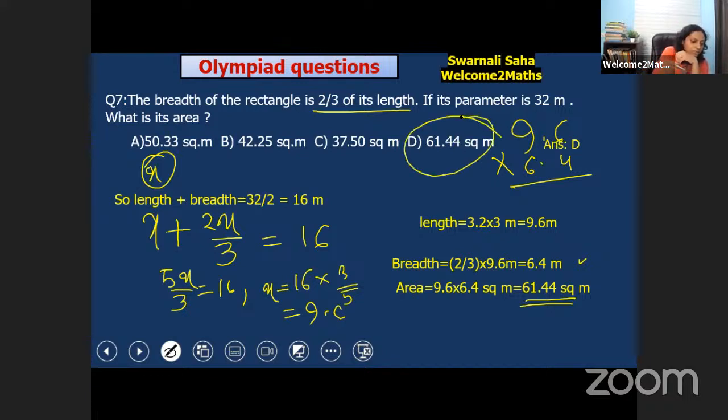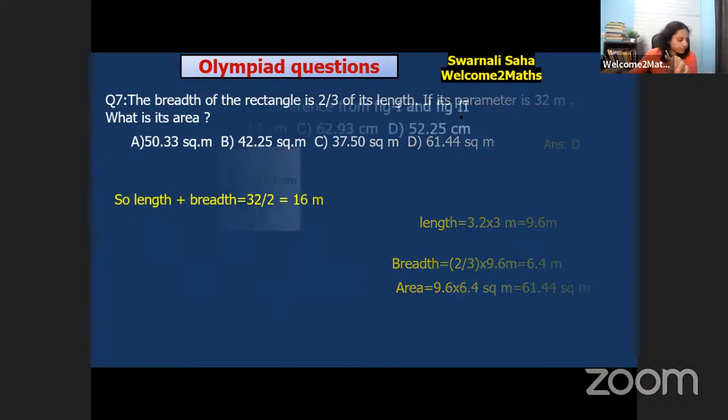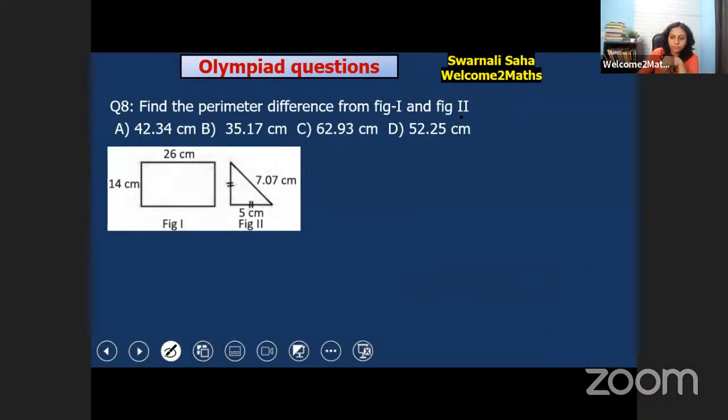D is the right one. 61.44 square meter, meter square, whatever. Now let's solve one more question. Understood?